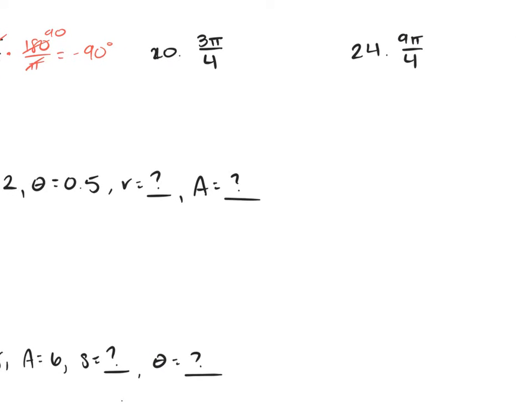For 20, we have 3 pi over 4. So again, we're going to multiply by 180 over pi. The pi's cancel out. 4 goes into 180 45 times. And so we get 3 times 45, which is 135 degrees.